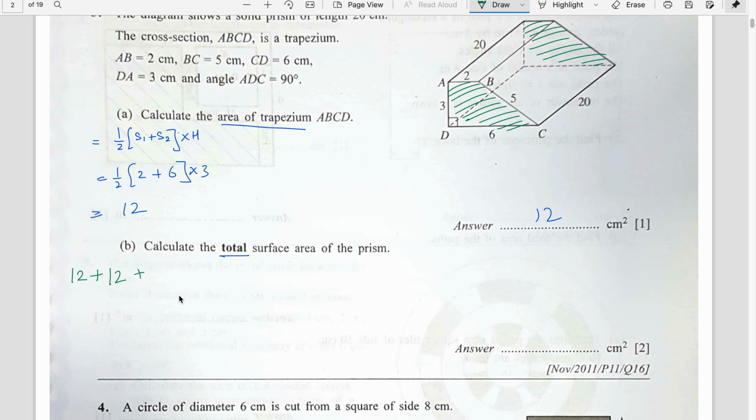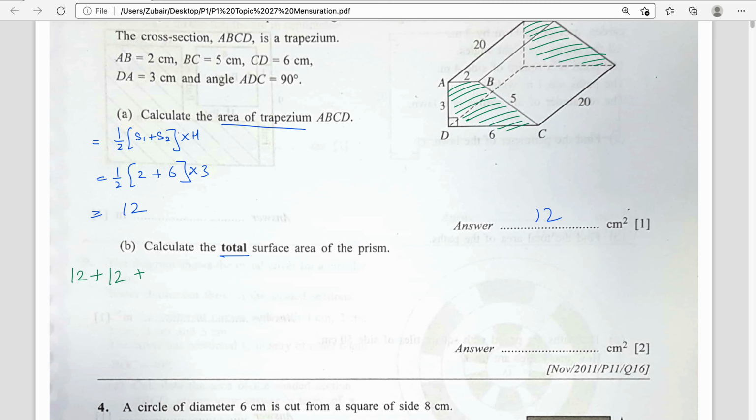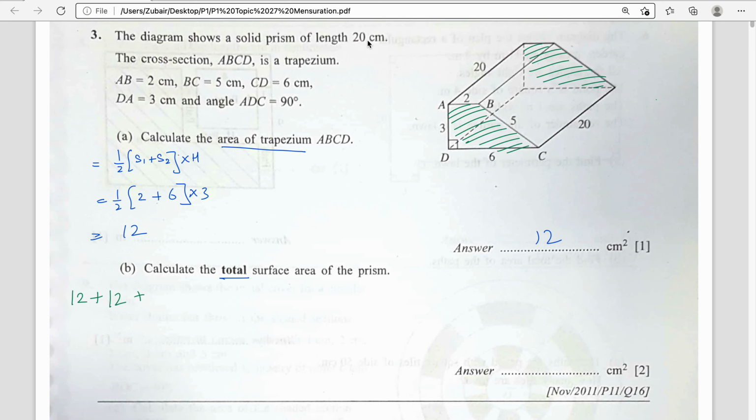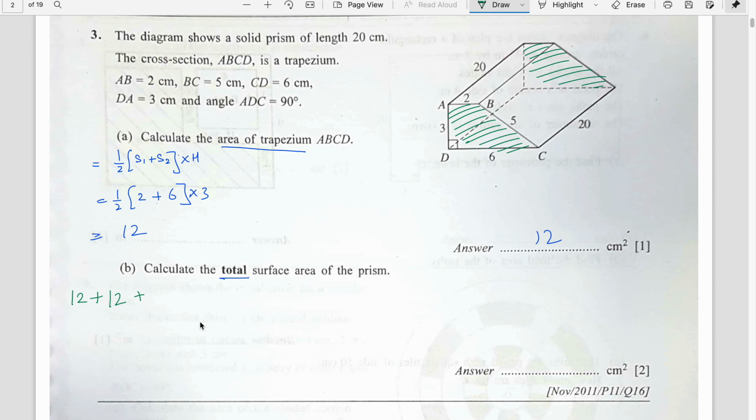What is the name of the remaining shape? We have 6 faces in total. These are all rectangles. We are solving for surface area. So if you split these shapes, you can see 4 rectangles.